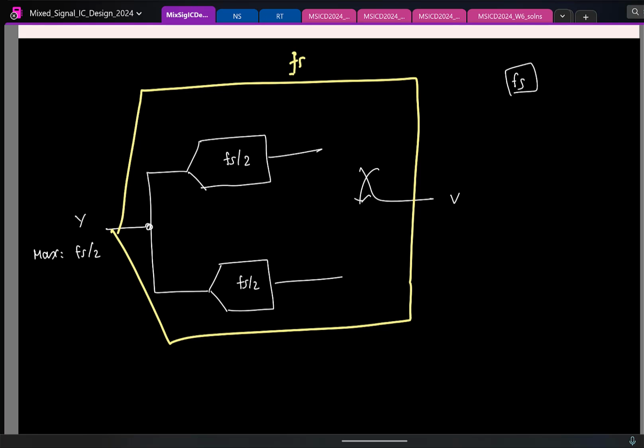So now see, my input can have a maximum bandwidth of fs by 2. But in each of the sub ADCs, I am sampling at fs by 2. So are we making Nyquist happy or unhappy? Will there be aliasing or no? There will be aliasing. But when I say that I am sampling at fs, there should not be aliasing, right?